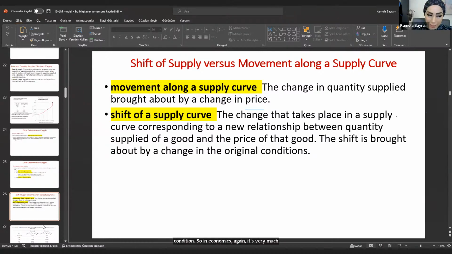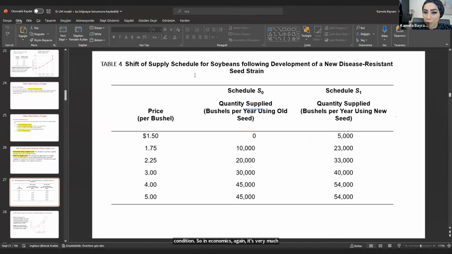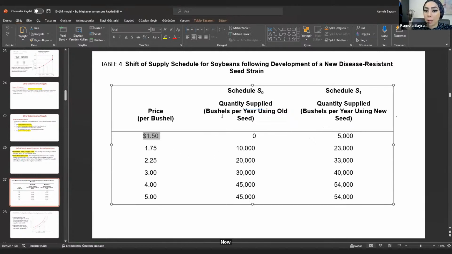Now, let us see how happening here. Now, again, we have supply schedule for soybeans following development of a new disease-resistant seed trait. So there is a change in condition. Now, what is happening? Again, we have price didn't change, by the way, but we have bushels per year using old seed.